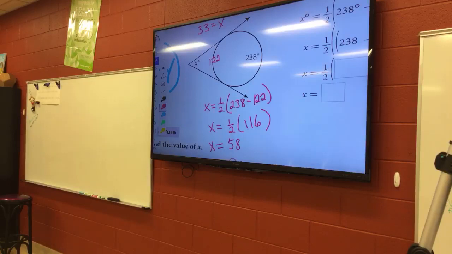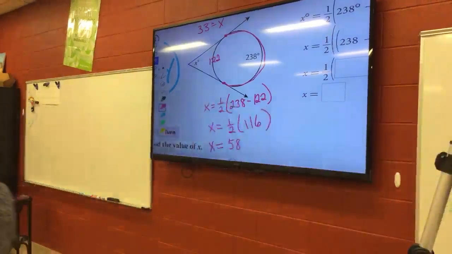So you got the 122 from subtracting from 360. The whole circle is 360 degrees, right? And that 238 is all of this. So if X is the angle and it only gives you that arc, you can always just do 360 minus whatever arc it gives you.